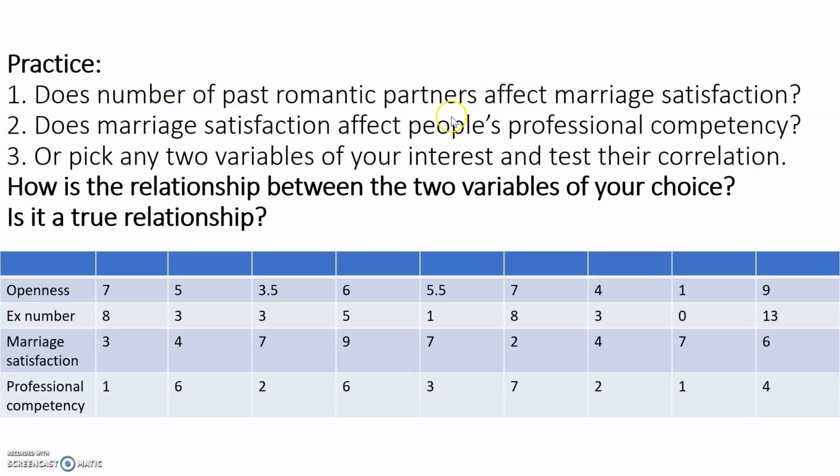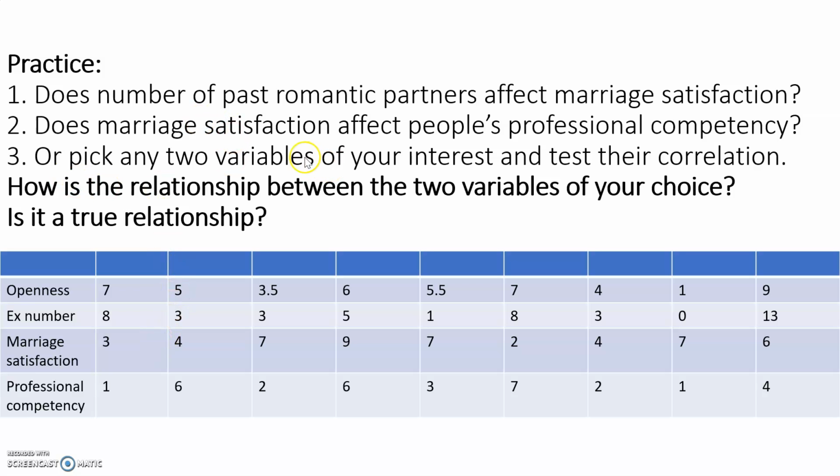So pick one question of your best interest and examine the correlation coefficient between the two variables. Or you could pick any two variables of your interest, such as whether people's openness is correlated with their professional competence, or whether openness personality is correlated with marriage satisfaction.